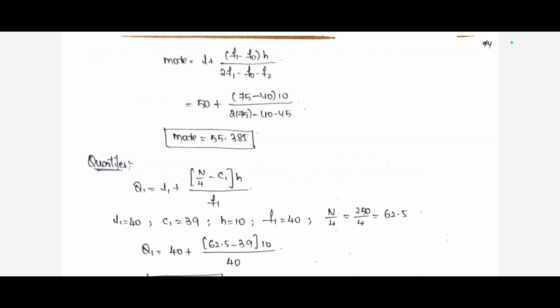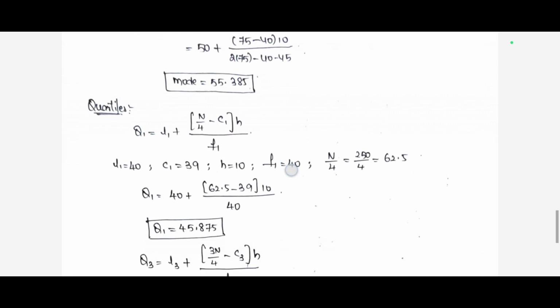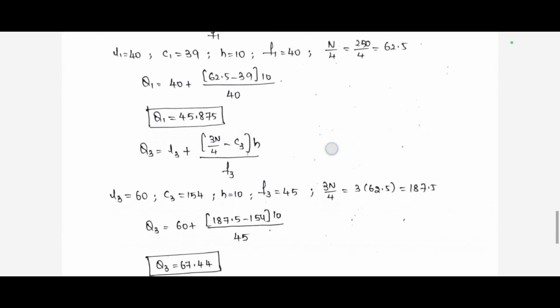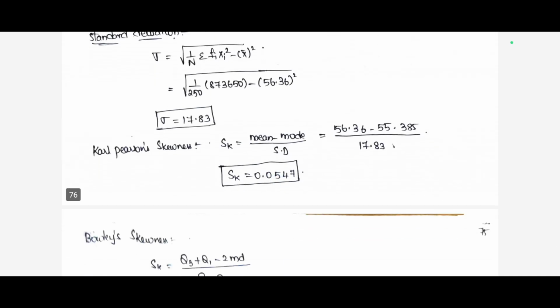Similarly, we find the quartiles for the Pauli coefficient of skewness. Q1 we got as 45.875, and Q3 we got as 67.44. The standard deviation for the above data is 17.83.